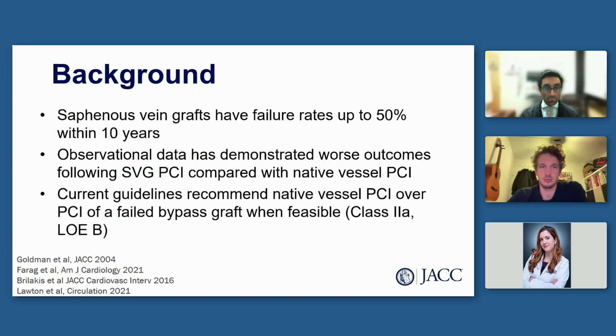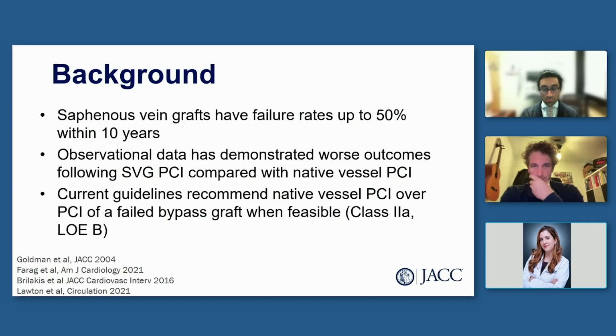So just to give everybody a little bit of the background, and for any of the interventional cardiologists on the call, this won't be news to any of you, but saphenous vein grafts have high failure rates, up to 50% within 10 years. We know that pedicle LIMA and RIMA grafts tend to live a long time.